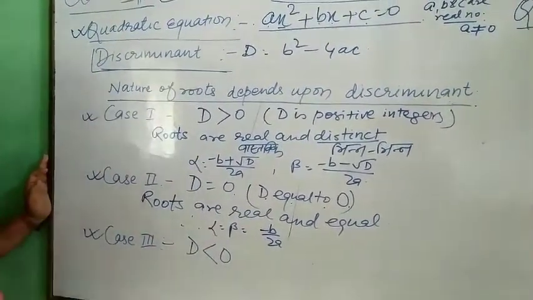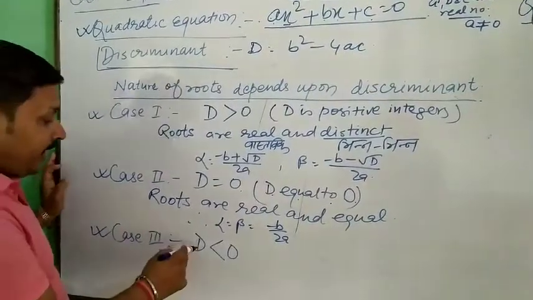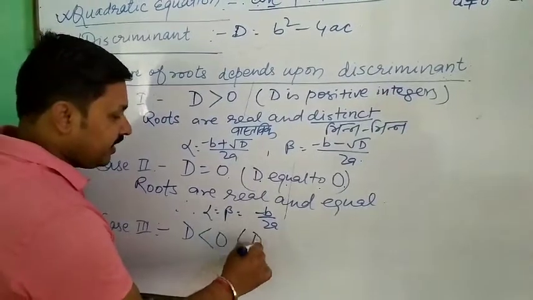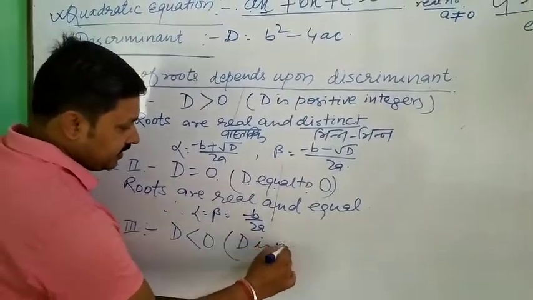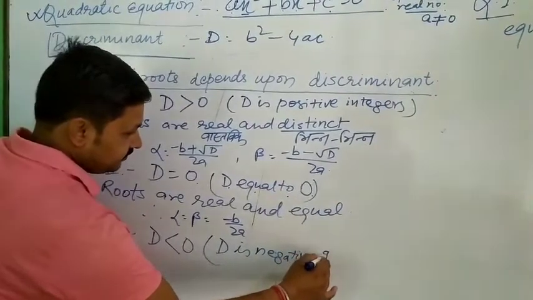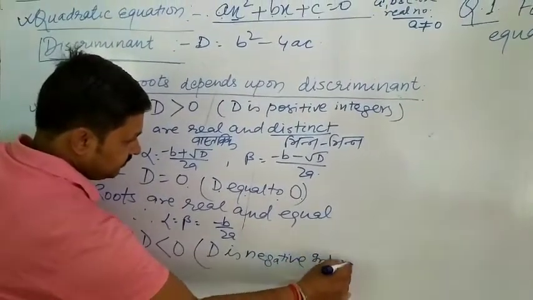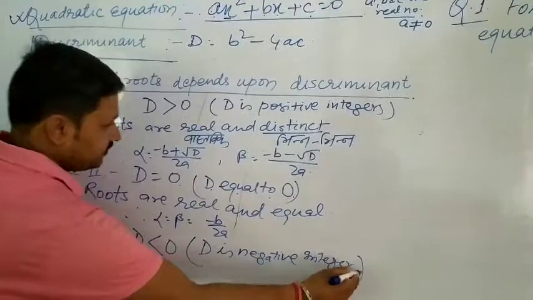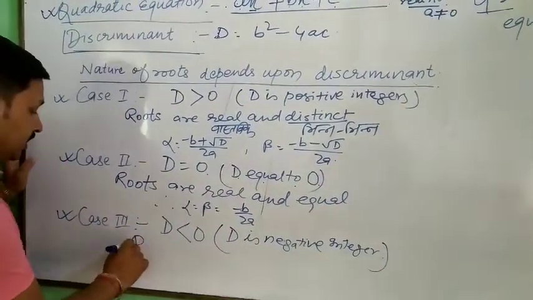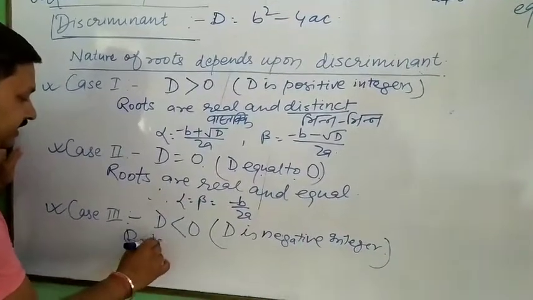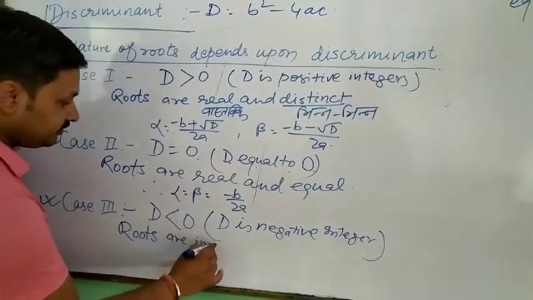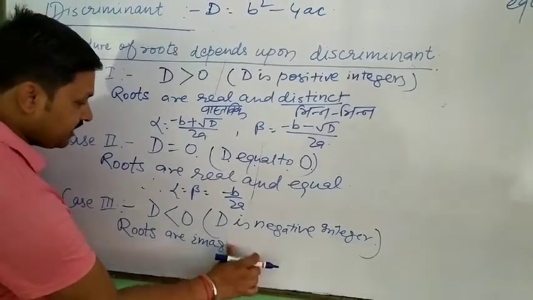Third case, when D is less than 0, that means D is a negative number. So the roots in the third case are imaginary.